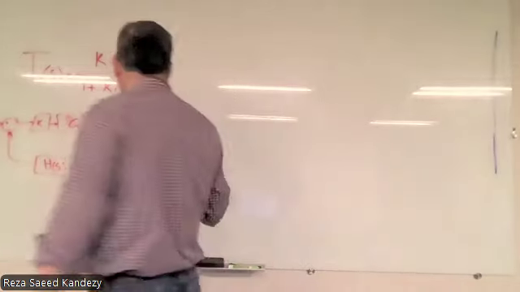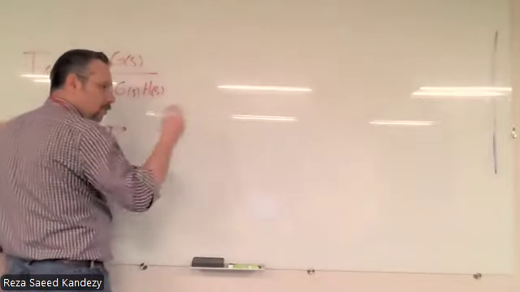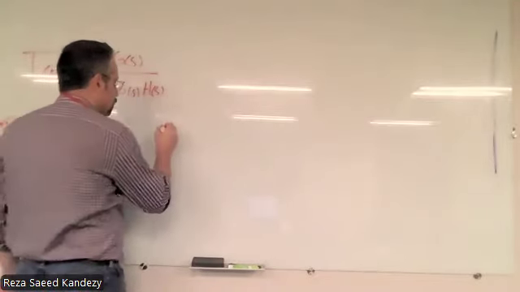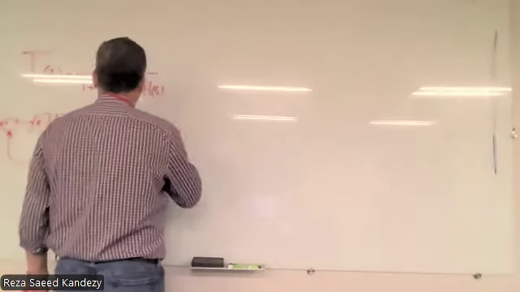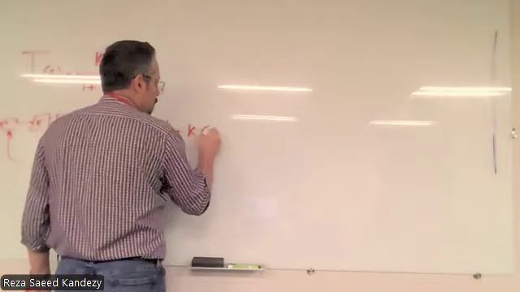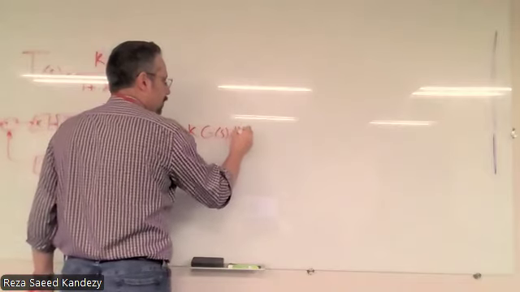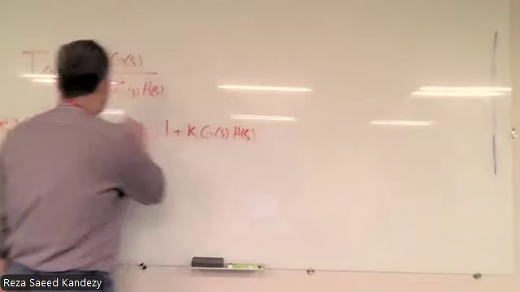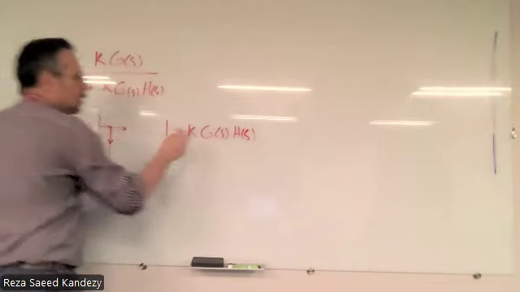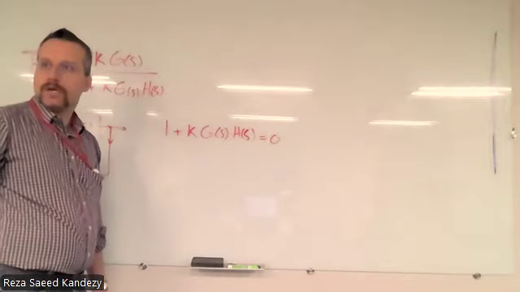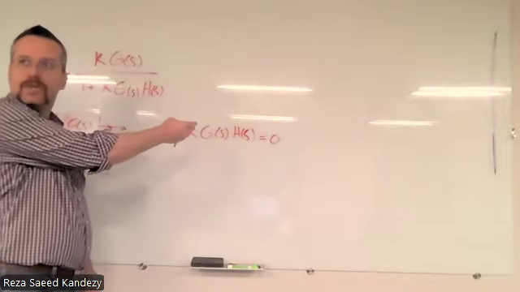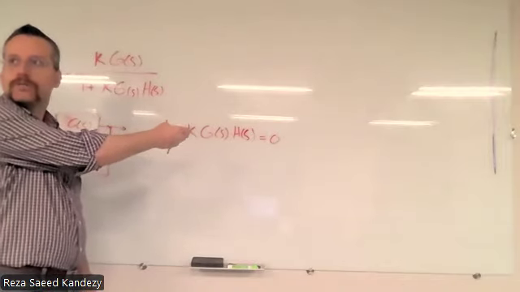So the whole analysis is over the condition of having 1 plus k, forward pass, feedback pass, the denominator of the general transfer function, to be equal to 0. Correct? That is how we find out what the poles are.